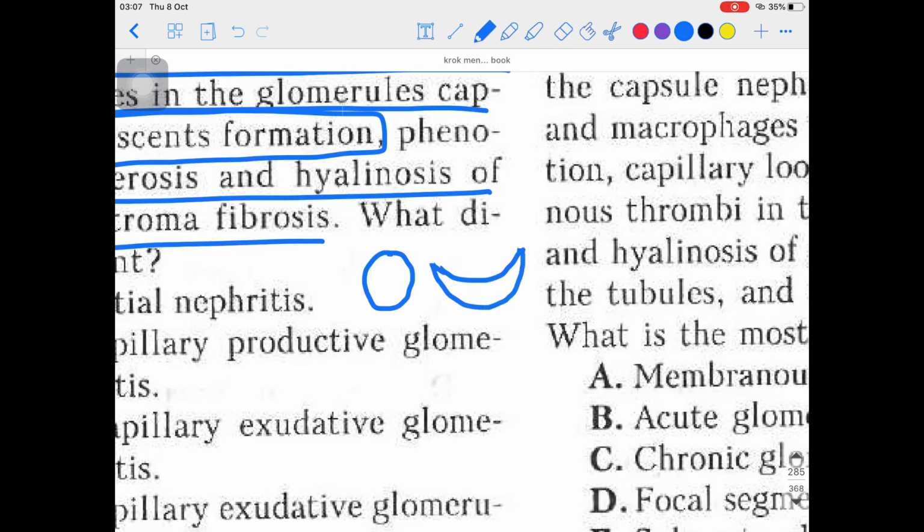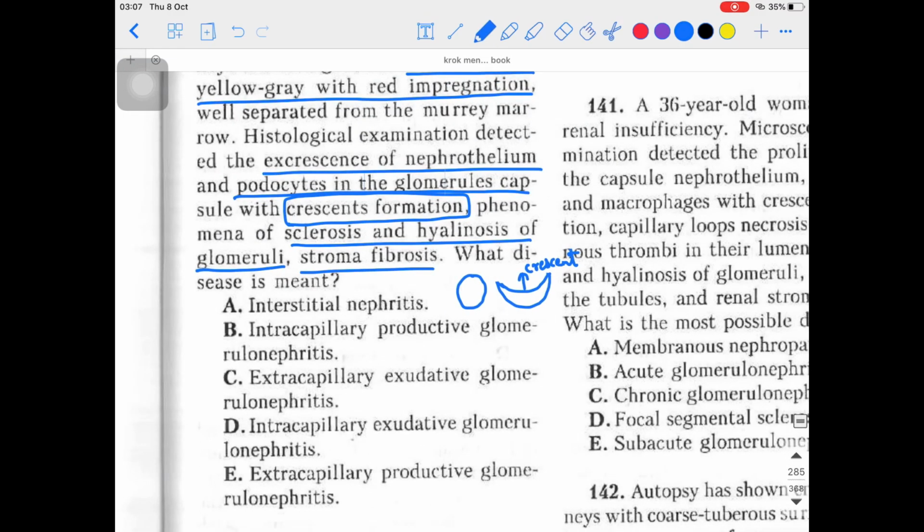That's the half moon. So this half moon shape is the crescent shape. Understood? So that's the case.